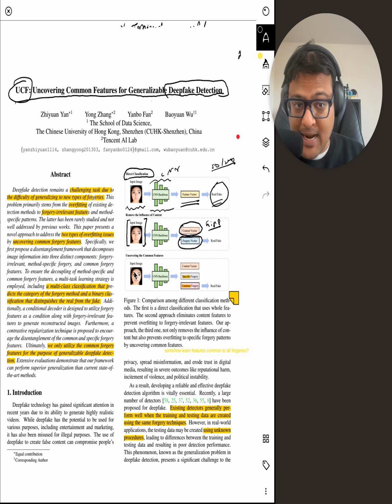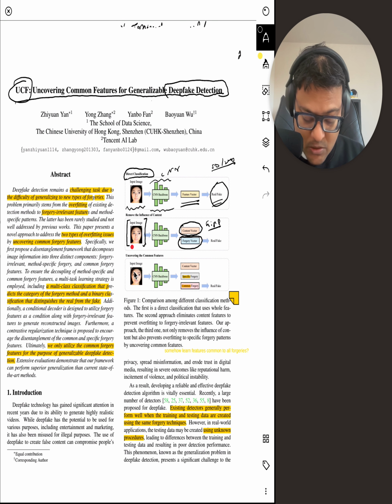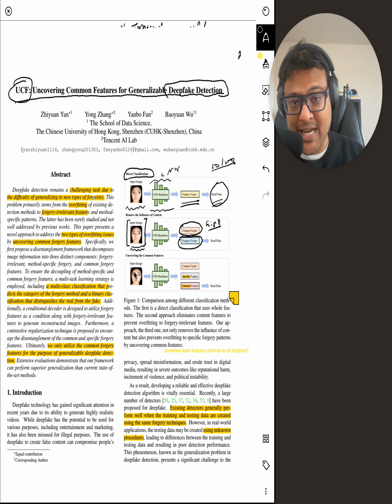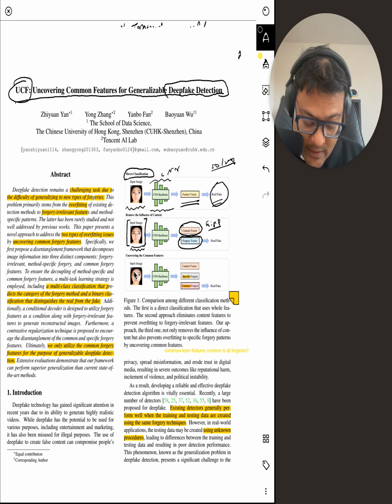And then if you decouple some features which correspond to forgery, for example, let's say this girl was forged and generated by a model, there will be some features corresponding to the model which actually faked this and applied the forgery to the girl. Those kinds of features are known as forgery features.